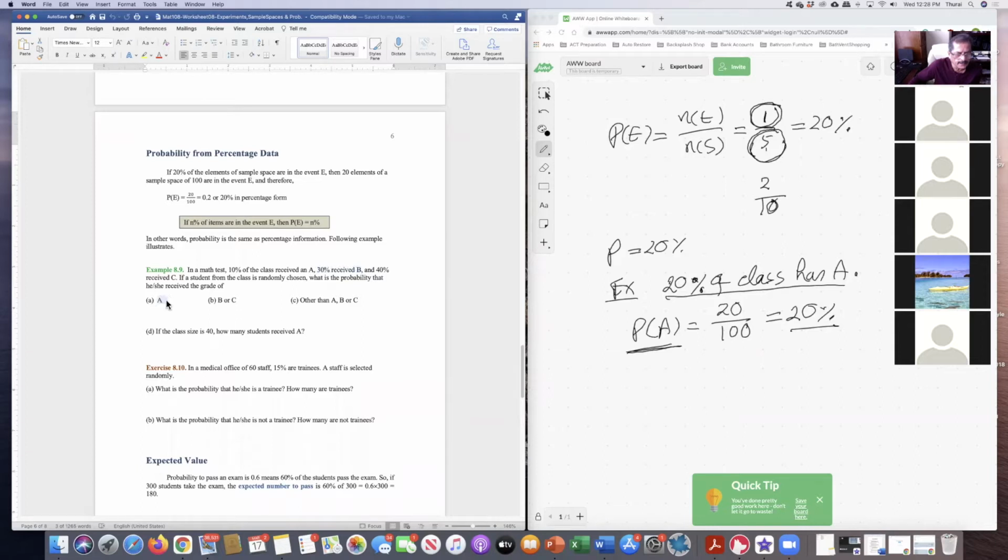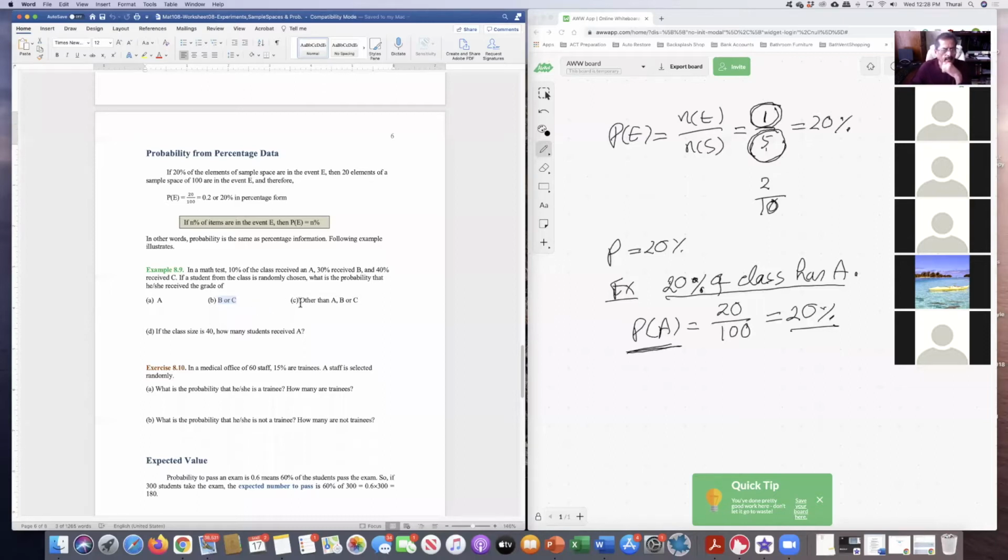The answer is? Anybody? 10%. The probability that the student received B or C? 40 plus 30, right? 30% received B, 40% received C. So 70%.